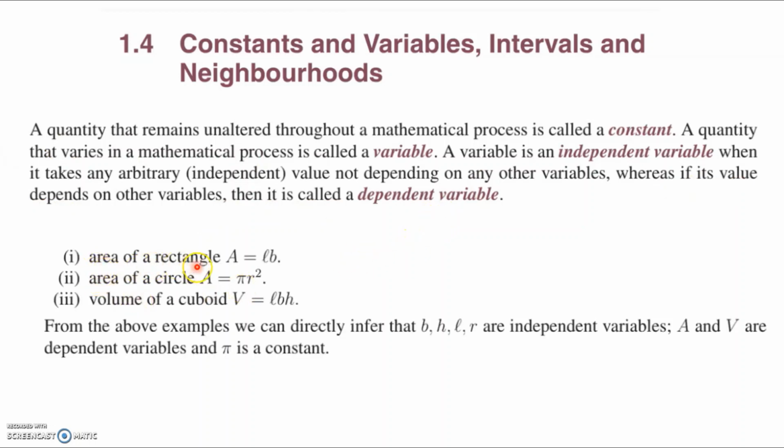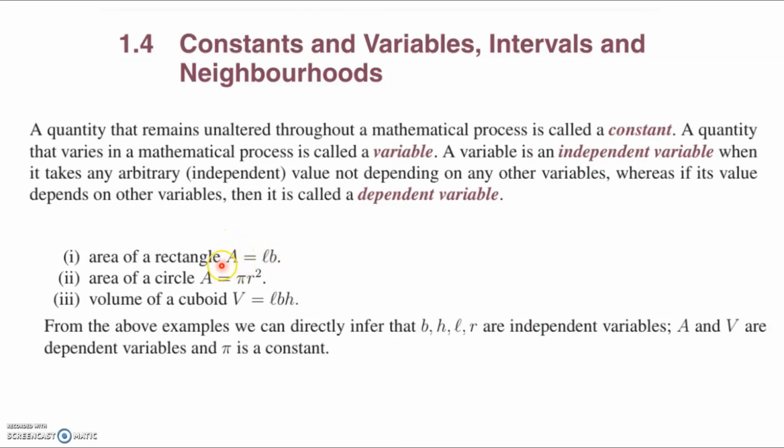Now, area of a rectangle is A = L × B. Now, this L is the length and B is the breadth. A rectangle can have any length and any breadth. So, depending on its length and breadth, we'll be able to calculate the area. Now, area is completely dependent on the length and the breadth.